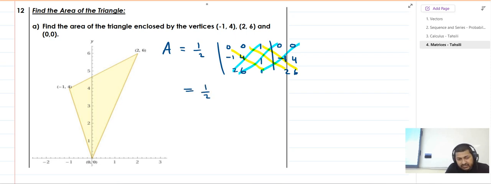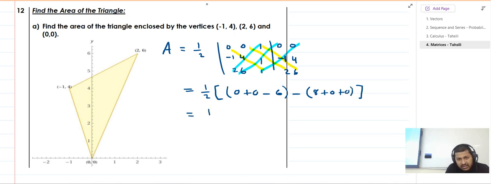So half, 0 plus 0, -6, subtract, that's 0, that's 0, 1 times -1 times 6, that's -6. Yes, 2 times 4 times 1, that's 8 products, plus 0 plus 0.